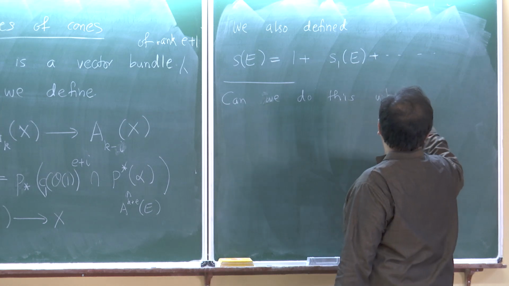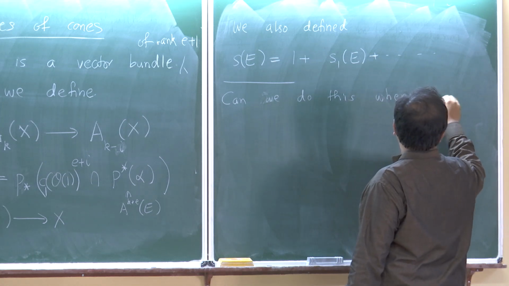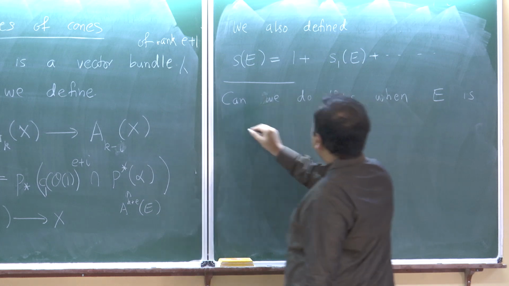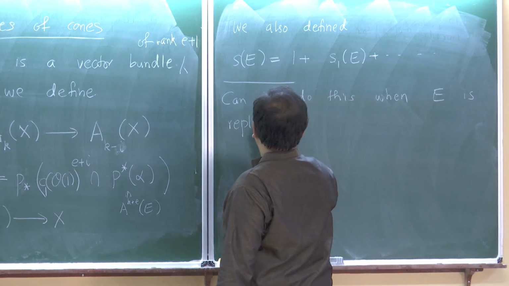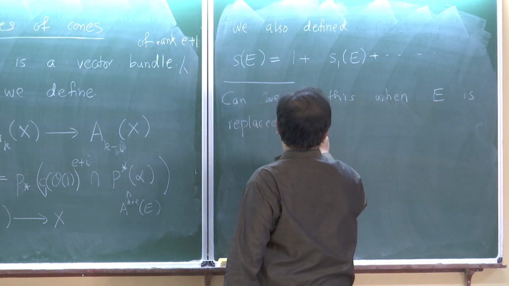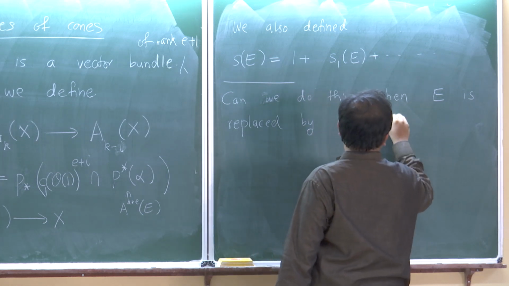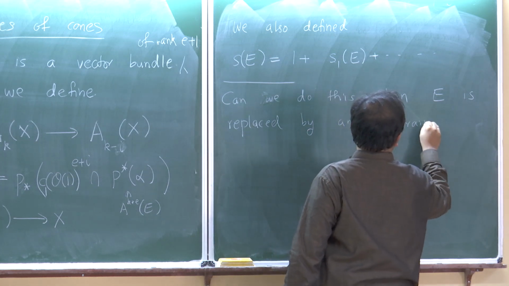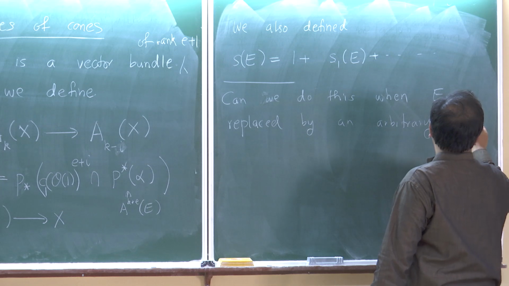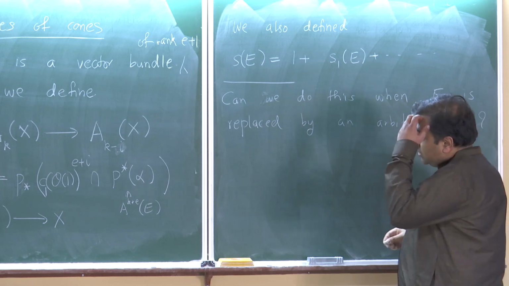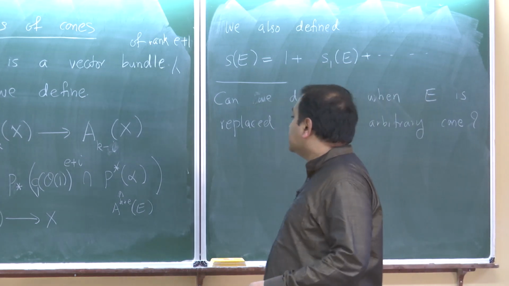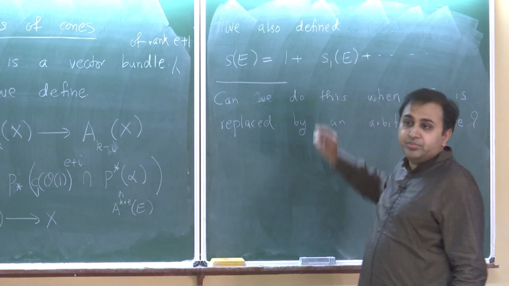When E is replaced by a cone C, I'm not trying to define Chern classes, I just want to define this.